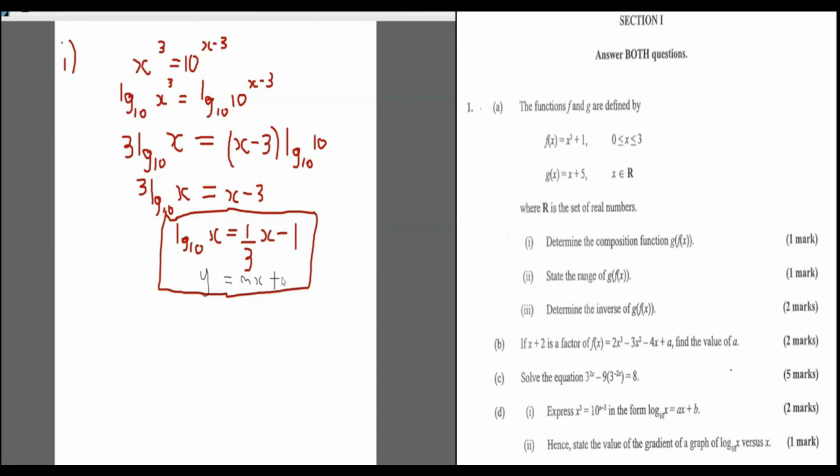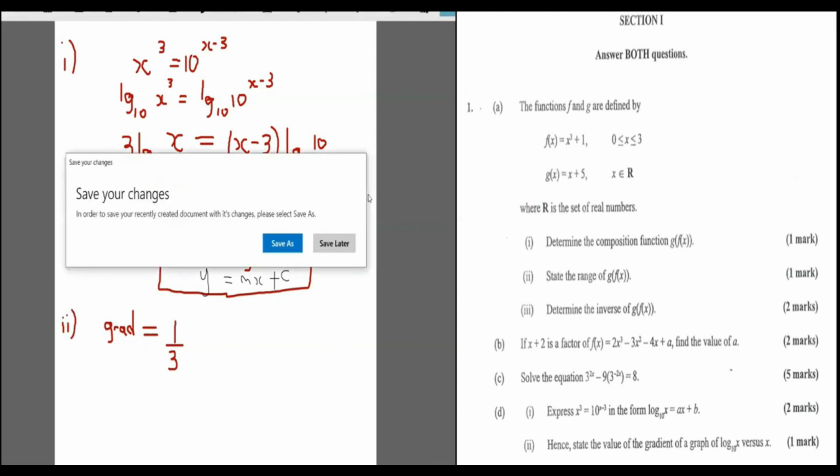And so clearly the gradient of this line, we can just call the gradient m. So the gradient is just 1 over 3, which is easy. Nice. This is the gradient. Nice and easy. All right. That's the gradient.